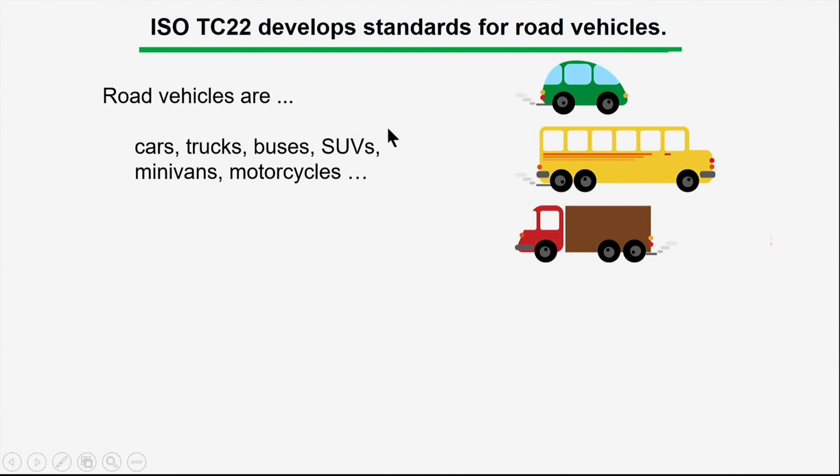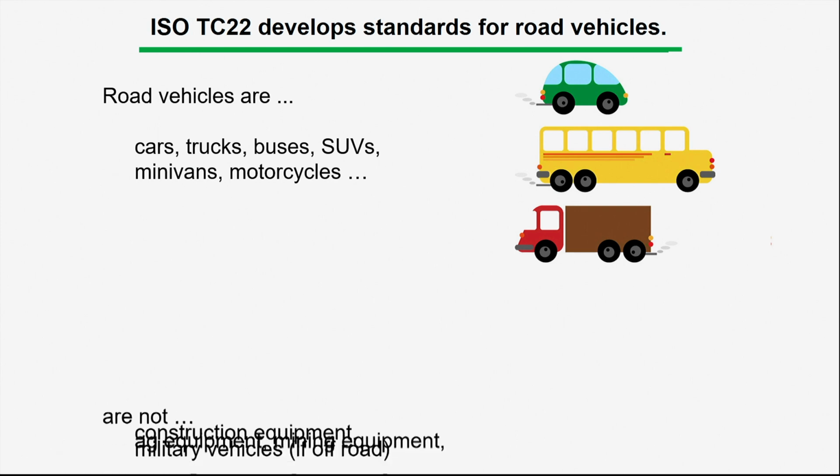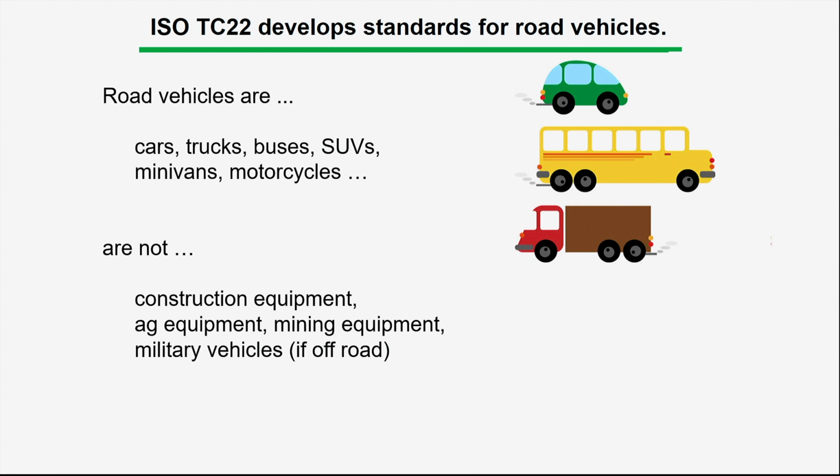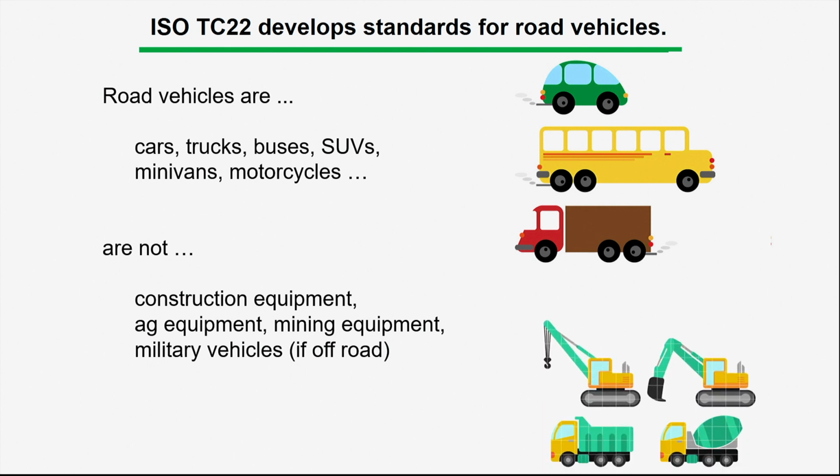Sometimes people use the words light vehicles and heavy vehicles, depending upon their gross weight. But this is what ISO Technical Committee 22 is concerned with. But they're not concerned with other kinds of vehicles. So they're not concerned with construction equipment, agricultural equipment, mining, military vehicles, off-road vehicles, the kinds of vehicles that are shown here. They are dealt with by other technical committees.